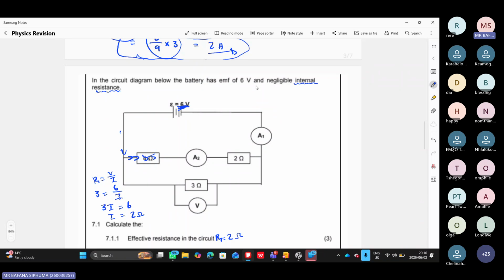You get my point? So if I use only the 4 ohm resistor, I'm going to get something that is different, which means now the current is no longer being shared also with the 2 ohm resistance. So in order for them to share the same current, I have to add them. I have to use 6. I can't use 4, because if I use 4, it's like I'm excluding the 2 ohm resistor.